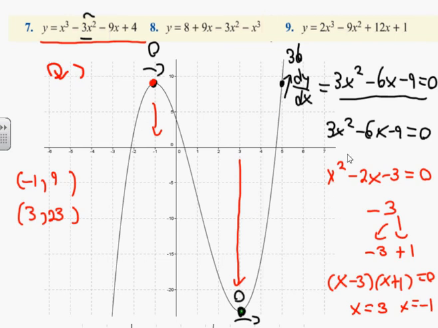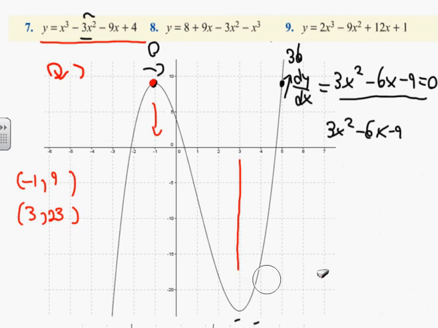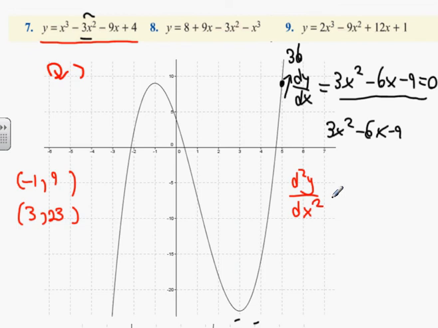Now, what they're going to ask you next is to prove if it's a maximum or a minimum. So here's what you do. You do the second derivative. So what's the second derivative? Can anybody tell me? If that's the first derivative, what's the second derivative? 6x minus 6.